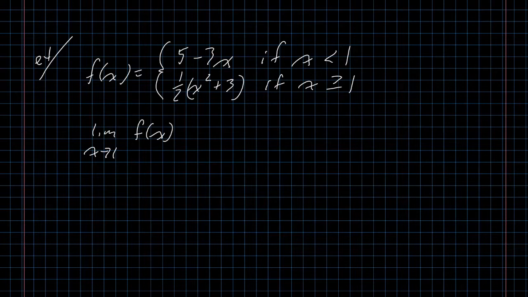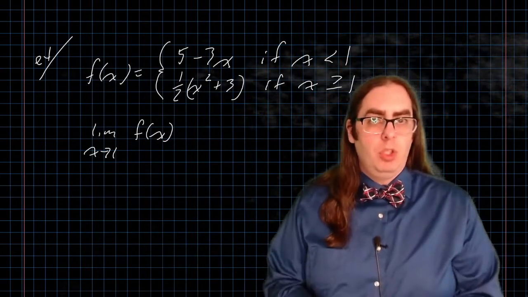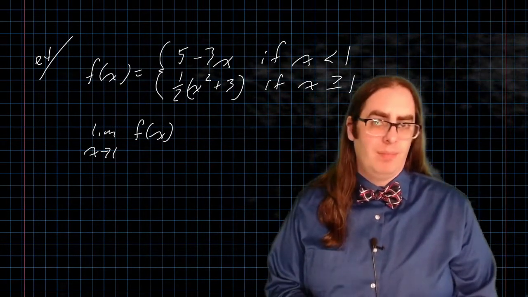And I would like you to evaluate the limit as x approaches 1 of this piecewise function. All right, see what you can do with that one, and I'll see you in the next video.